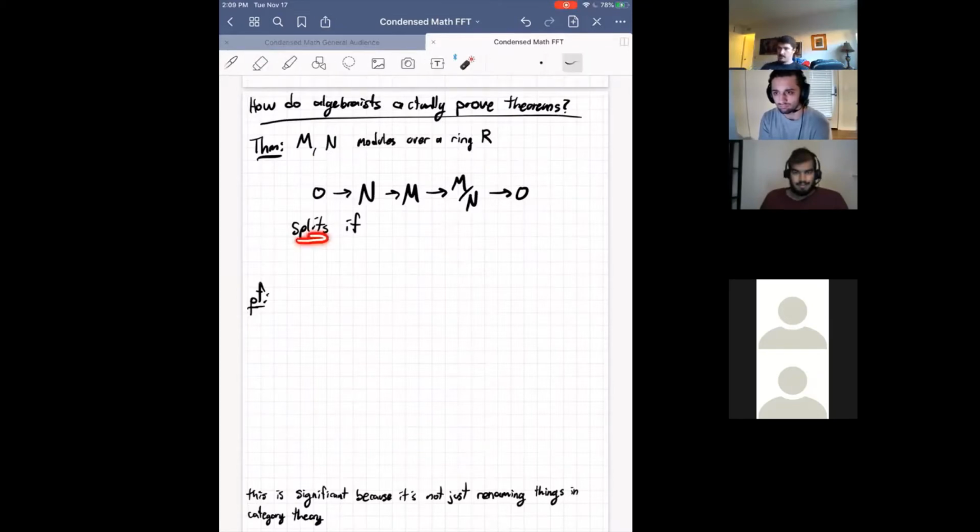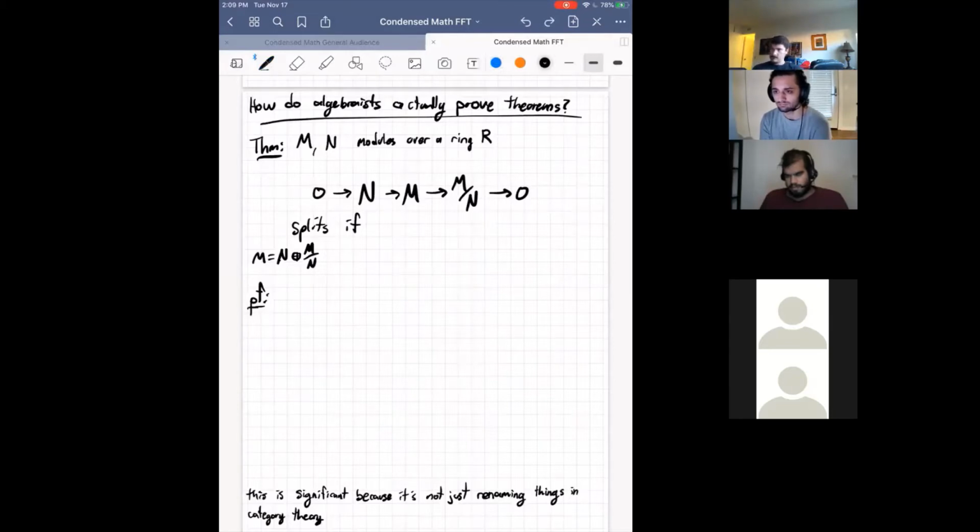If you remember, splits means that M is a direct sum of these two, or alternatively that this map has a section, that is, a map back such that when you compose them, you get the identity.